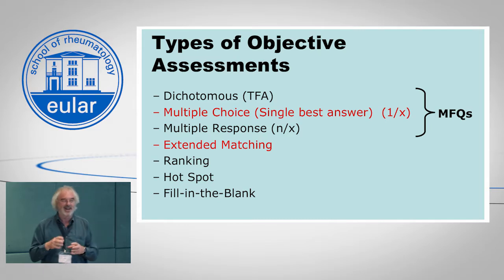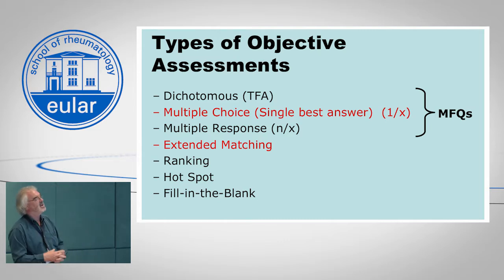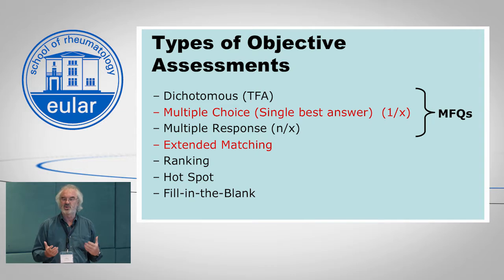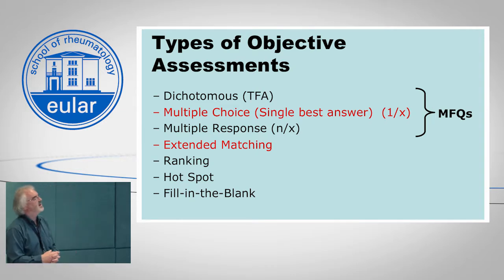But really, secretly, behind the scenes, it's just an advanced version of multiple choice. It's basically the same thing, where you've got multiple things. On the right-hand side, you'll see MFQs. That just means multi-format questions. It's just a generic term to describe these multi-format questions. We're not going to be talking about ranking, where you put things into order.